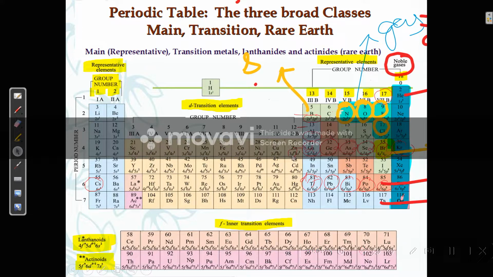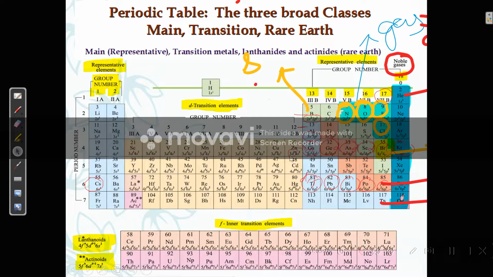But zinc always fully filled in ground state as well as in oxidation state. तो जिंक का देख सकते हो 3d10, and when it is zinc का oxidation state क्या होता है Zn2 plus. What do you mean by Zn2 plus? The loss of s electron. 4s2 निकल गया. Still what is left? 3d10.